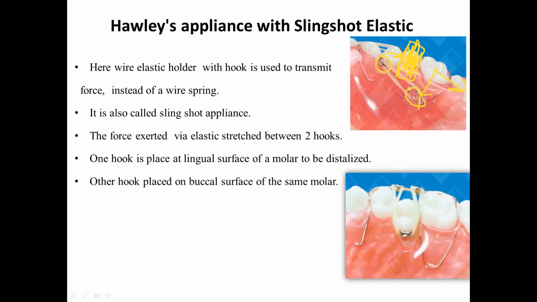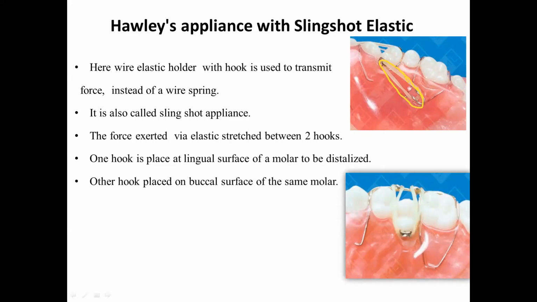So both the teeth which need to be held in position are to be applied with the hook like this, here, this tooth and this tooth. The hook is applied and an elastic is crossed from both of the hooks. And this elastic will apply force.